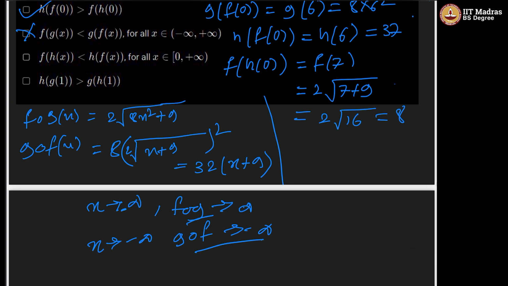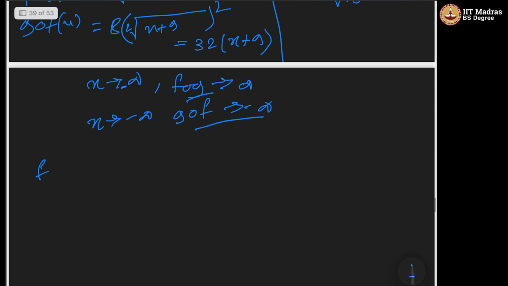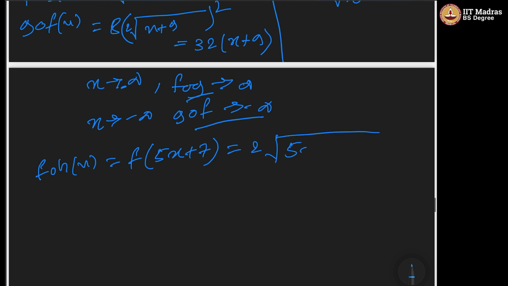Now what is f compose h? So f compose h of x is f of h of x, which is 5x plus 7, and this equals 2 into root over 5x plus 7 plus 9, that means 2 into root over 5x plus 16, right?